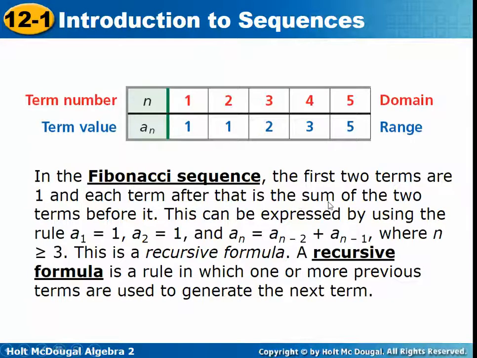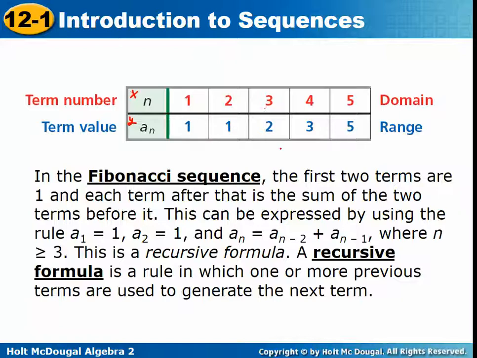Fibonacci, we talked about that earlier. This is what that one looks like. The term numbers are like your x values, and these are like the y values. So if our term number is 1, the term value is 1. When the term number is 2, the value is 1, and so on.